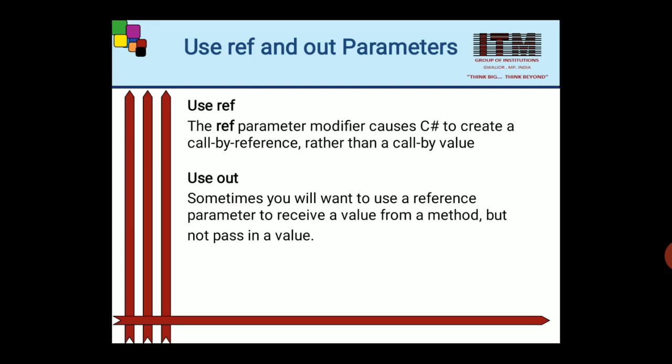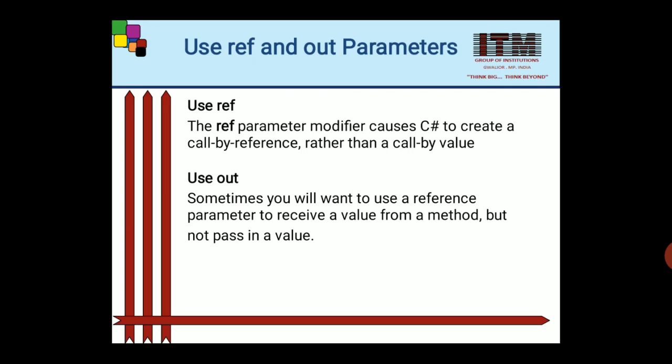As you know, the return statement enables a method to return a value to its caller, and a method can return only one value each time it is called. So what if you need to return two or more pieces of information?